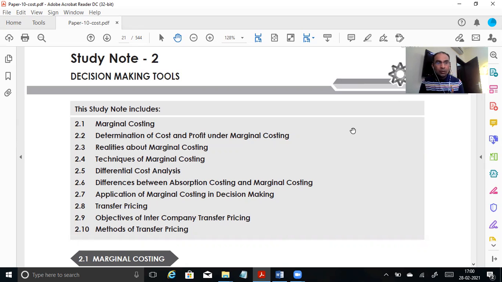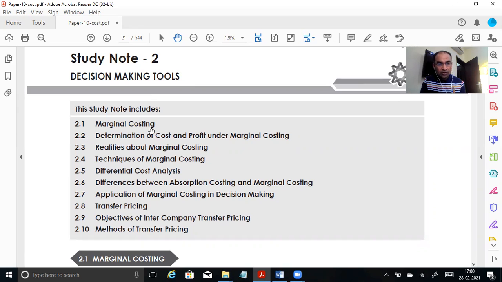Okay. So as you can see, this is chapter number 2, study note number 2, decision making tools. Under this chapter, we have these many 10 subtopics.